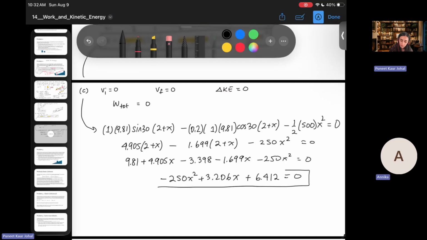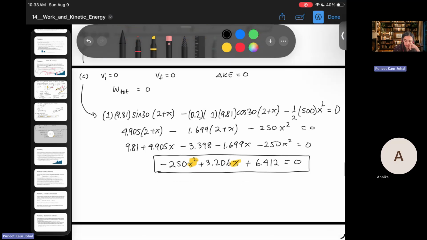This could be a quadratic equation, right? So you can use the quadratic formula, or we can just plot it. I would use the quadratic formula here and solve it.